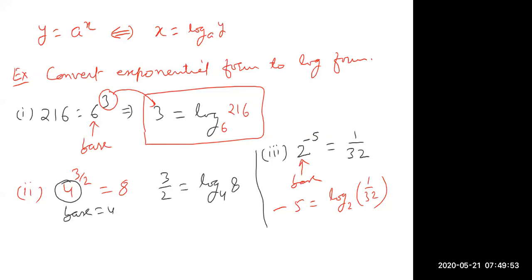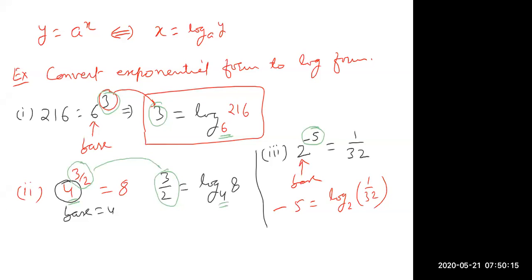So in all three questions, if you observe here, this 3/2 was the index, and it is coming here. Here 3 was the index, and it is coming here. Here this -5 is the index, and it is coming here. So -5 is equal to, here 6 was the base, so here also 6 is base. Here 4 was the base, here 4 is the base.